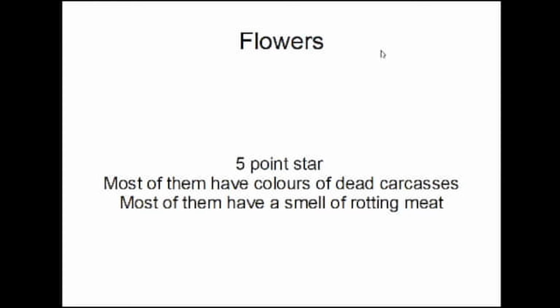So the Stapeliads have flowers that are 5-point stars. And most of the flowers have the colors of dead carcasses or rotting meat, and most of them have a smell of rotting meat, because they are pollinated by flies, and they evolved with flies to make it possible to be pollinated by flies.